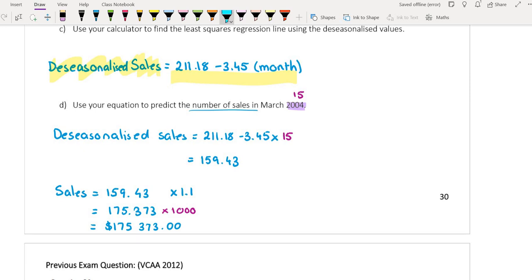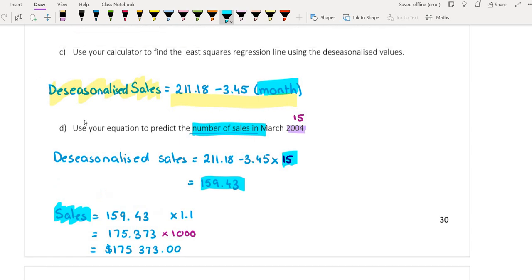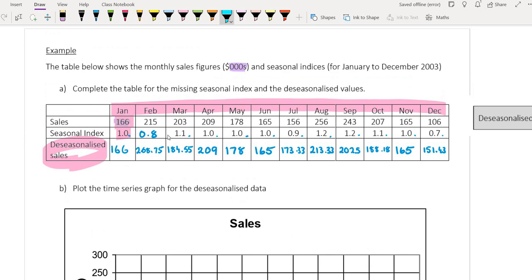Now, if we're asked to make a prediction for the 15th month, we obviously just put 15 in there, and then we get a value out of it. But again, that is deseasonalized sales. So if we want to make a prediction about the actual number of sales, we need to re-seasonalize the data by simply multiplying by the seasonal index.